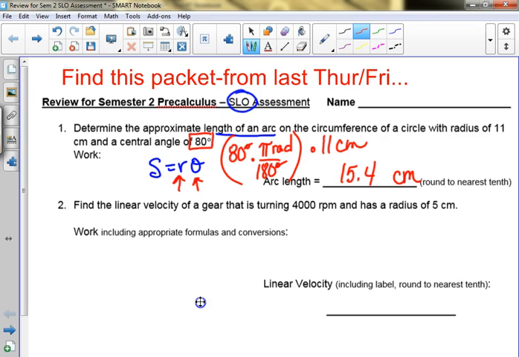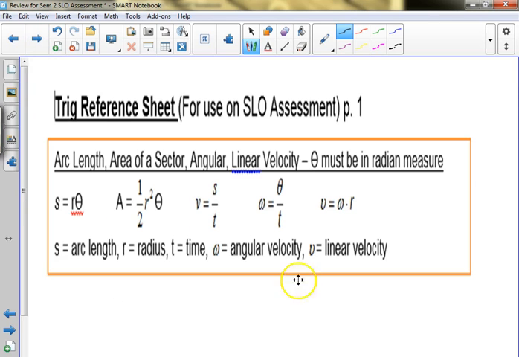All right, find the linear velocity of a gear that is turning. What does this mean? Revolutions or rotations, I don't care which one you use, per minute. And has a radius of 5 centimeters, and we want a linear velocity. So I flip to my reference sheet.